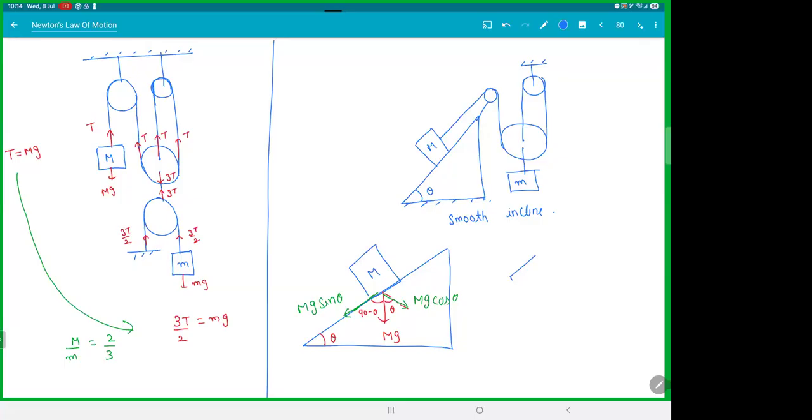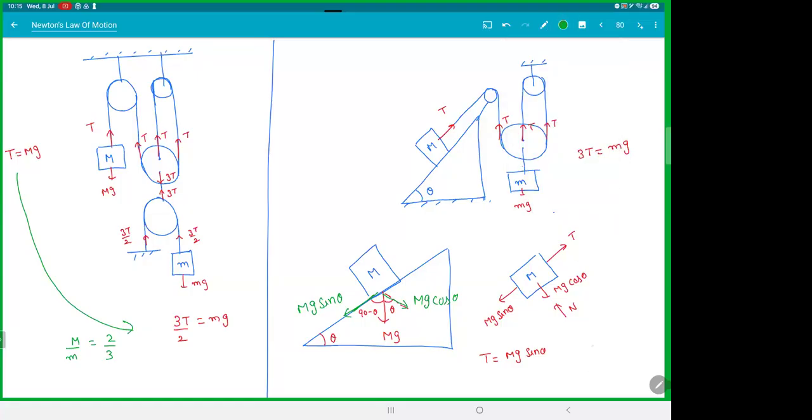So if you take this block here, this was the tension. This was mg sine theta. This was mg cos theta. And this was your normal reaction. Since the block is at rest, tension must be balancing mg sine theta. So if this was tension, this will be tension. This is also the same string. This is also same string. This is small mg. So we have 3 times tension is equal to small mg.